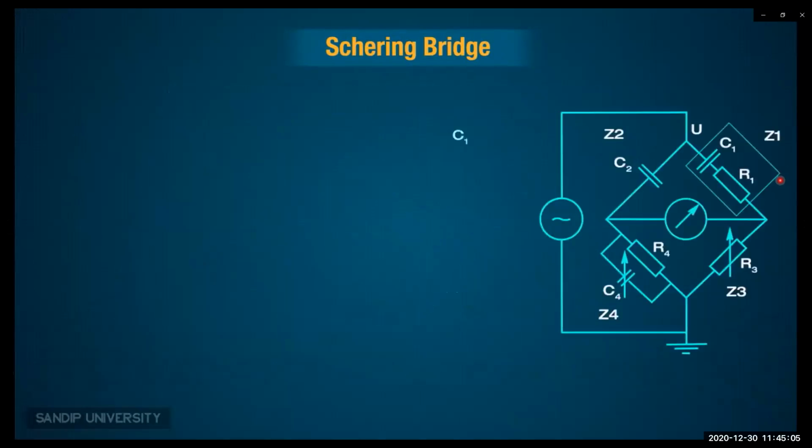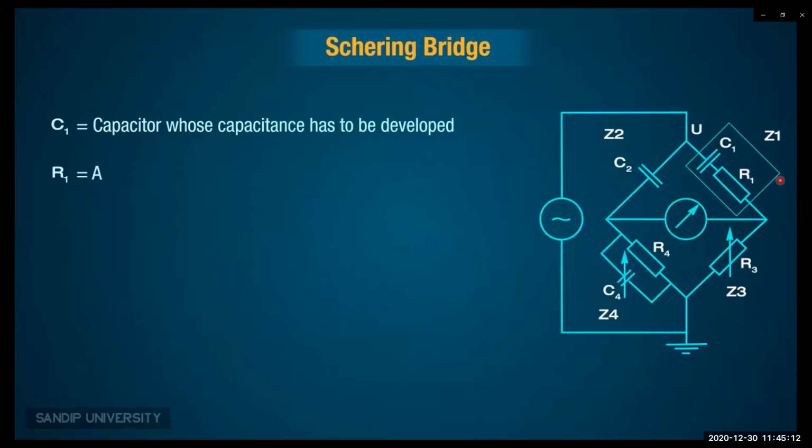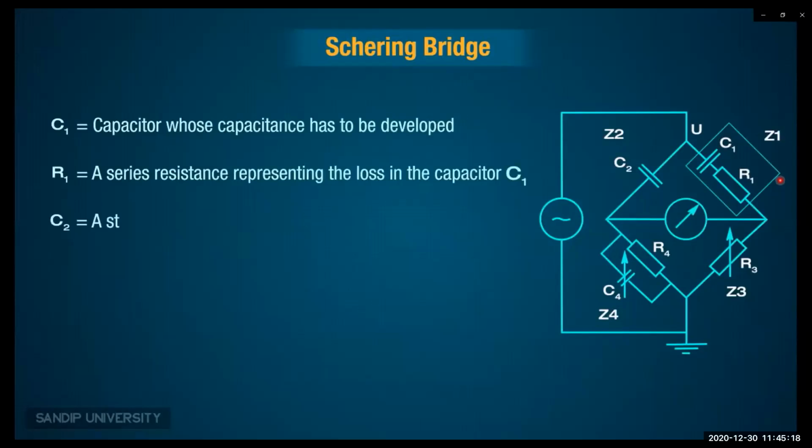In this diagram, C1 is the capacitance whose value has to be determined. R1 is a series resistance representing the loss in the capacitor C1. C2 is a standard capacitor, and R3 is a non-inductive resistance.